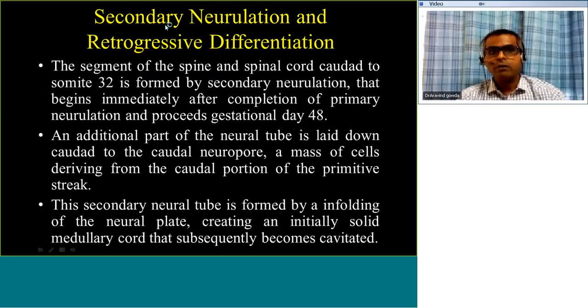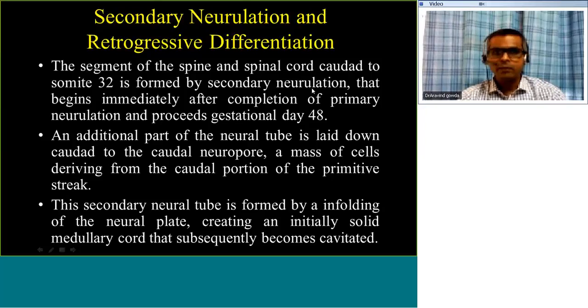Then comes the process called secondary neurulation and retrogressive differentiation. This is the formation of the spinous processes and spinal canals below the level of S3. After the 30-second somite, the spinal cord and its associated structures are formed by the process called secondary neurulation.